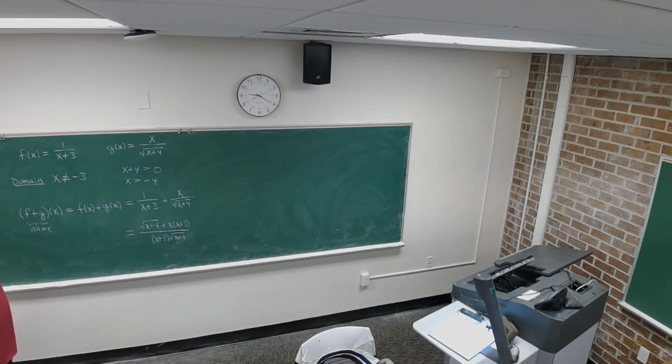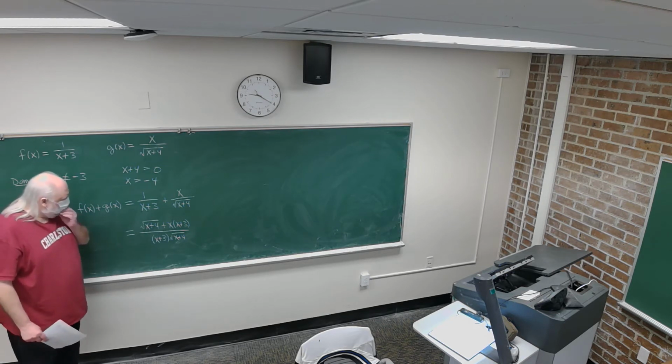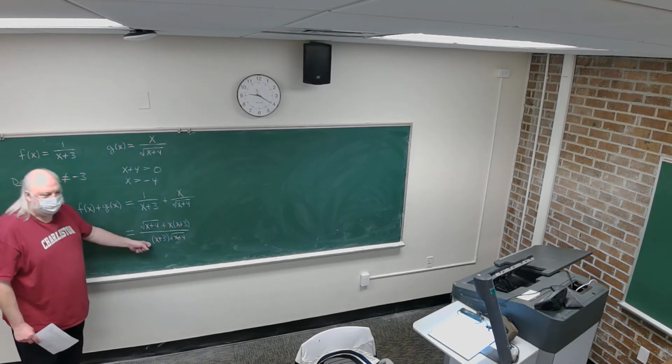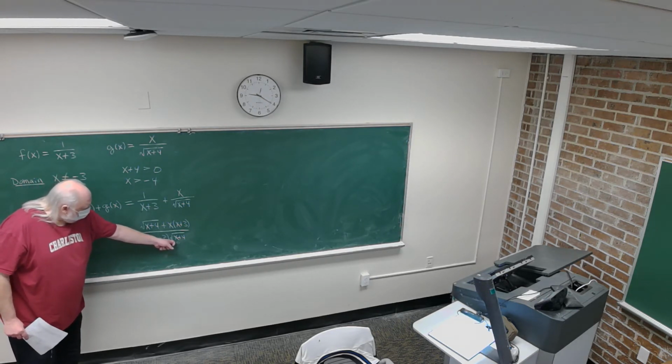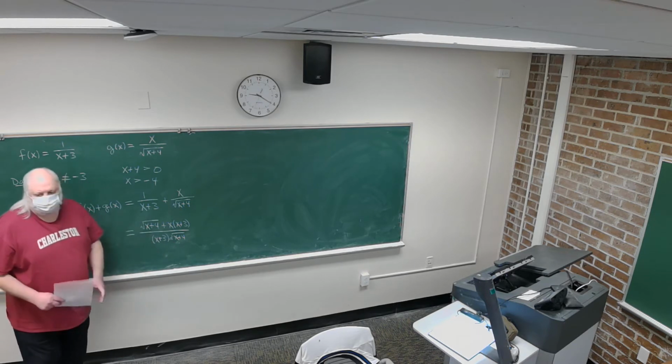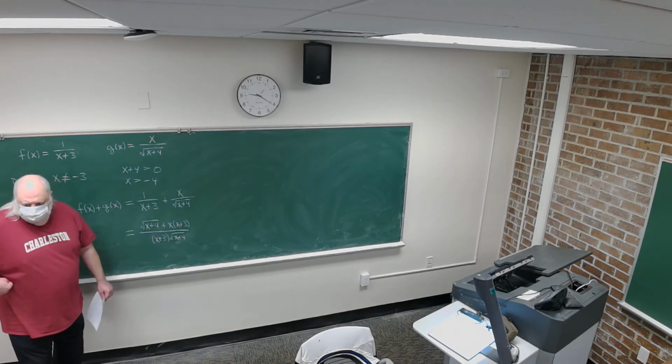That's what you get when you combine the two quotients under a common denominator. And now you can see the domain of f plus g is all the values of x that don't make the denominator equal to 0, or make the square root of x plus 4 an imaginary number.